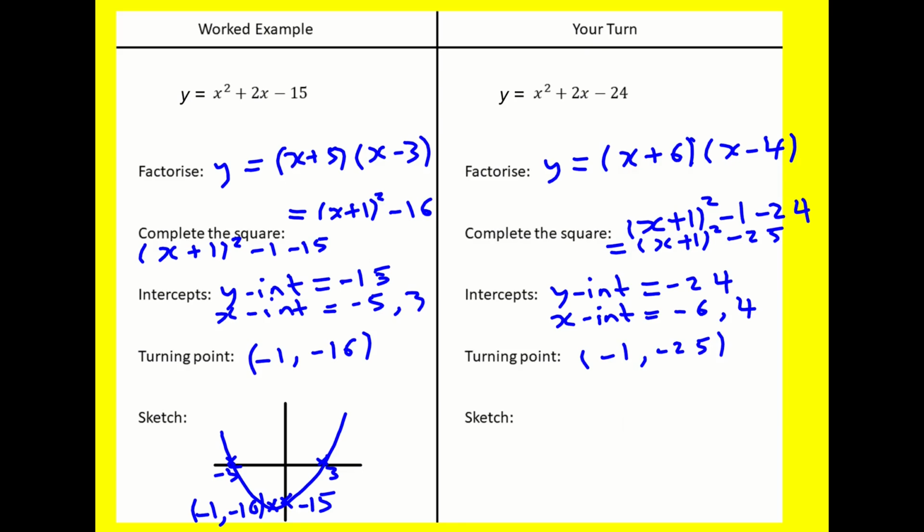So the sketch. I've got minus 6 and 4. I've got minus 24. I can see that the minimum is going to be this side again. So actually I'm going to first of all draw my sketch.